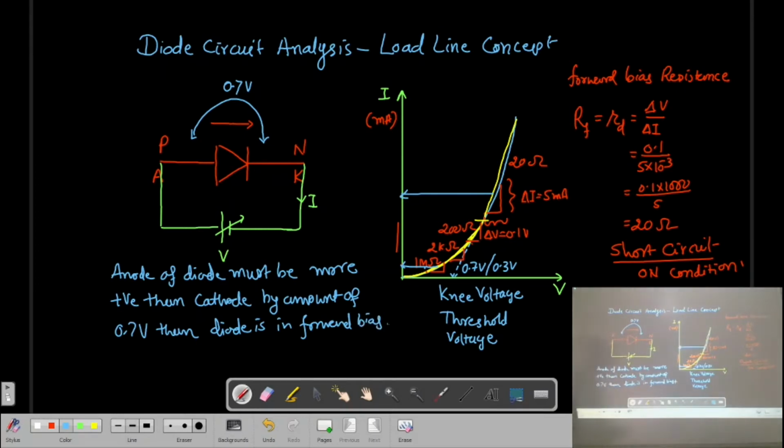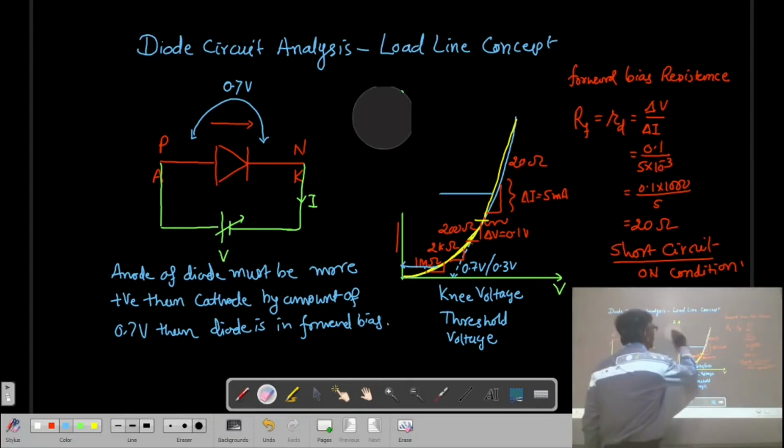Remember. So the anode should be more positive than the cathode. Here, if I give you some example, it will be clear to you.